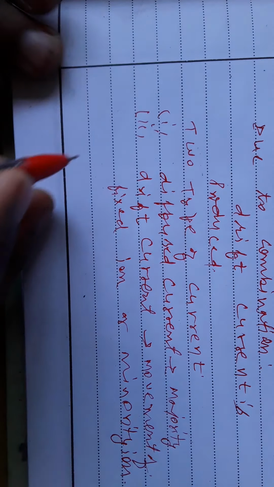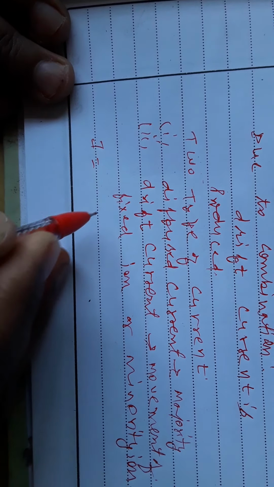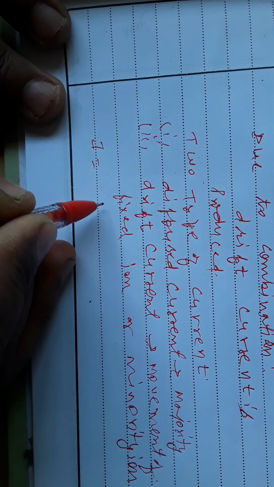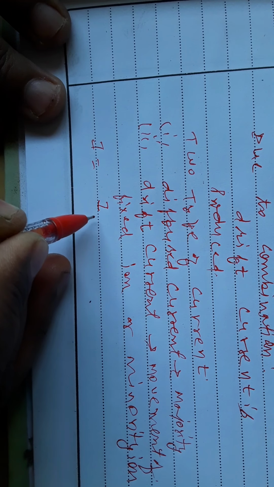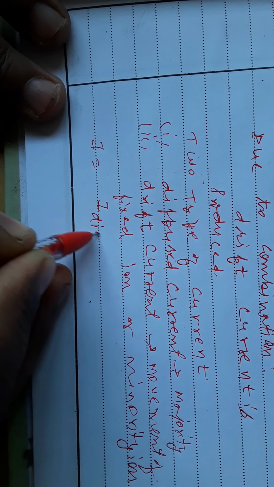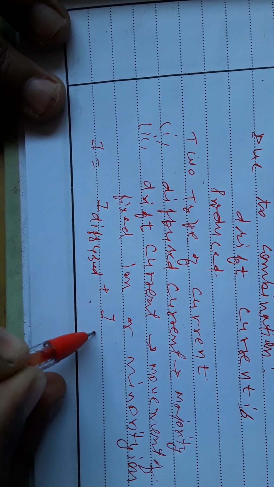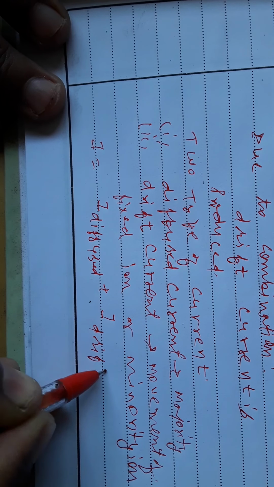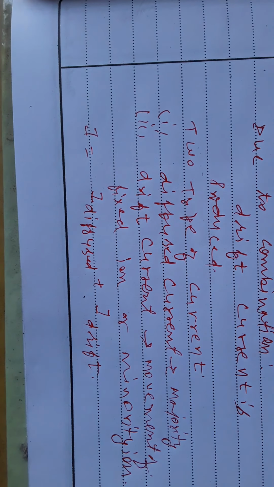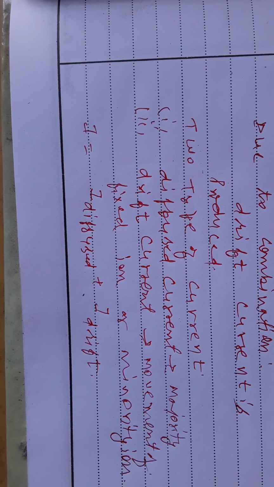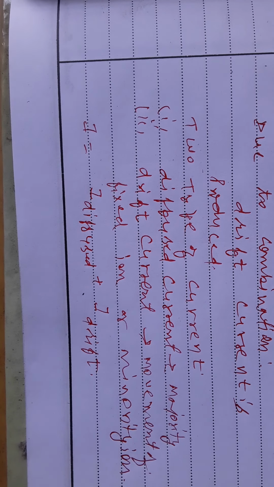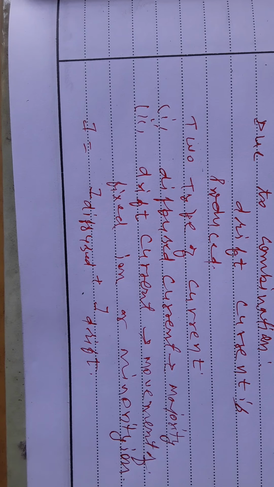So two types of current are produced, that is I is equal to I diffused plus I drift. So this is the total current produced, and the potential which opposes the movement of the majority ion is known as barrier potential.